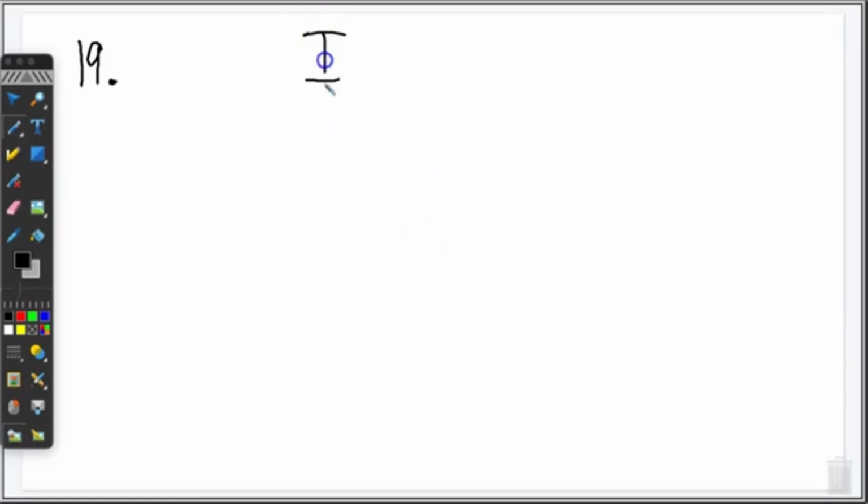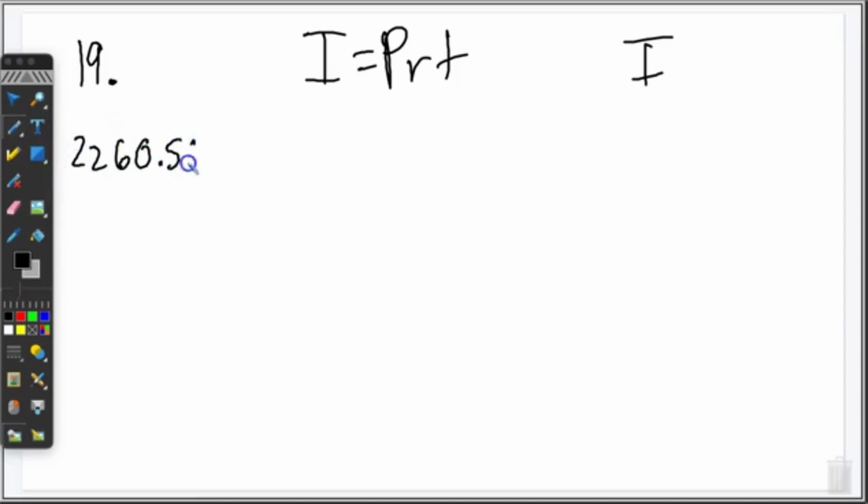So I equals PRT. To find the interest, we have to subtract what she had at the end versus what she put in. So at the very end, Micah had 2,260.50 and she put in 2,200.